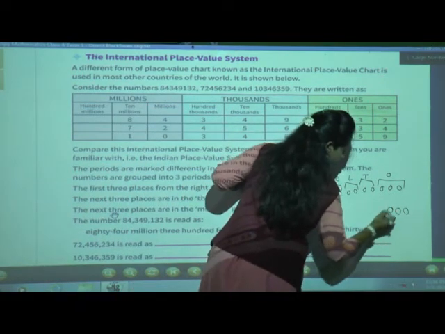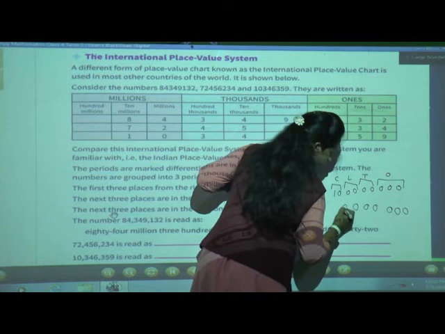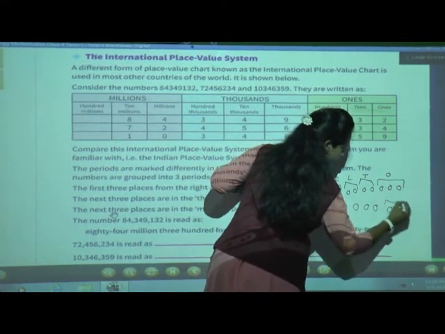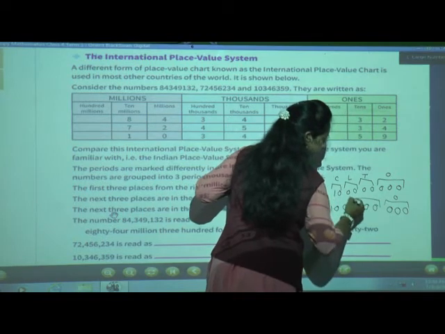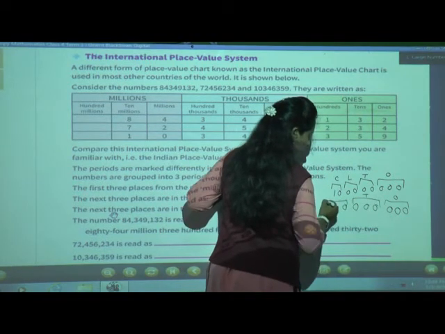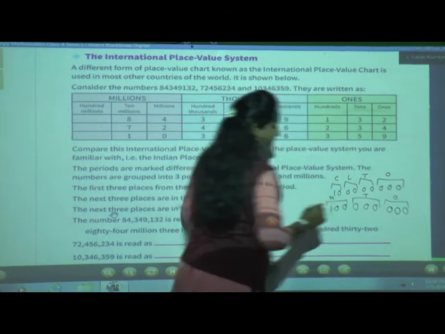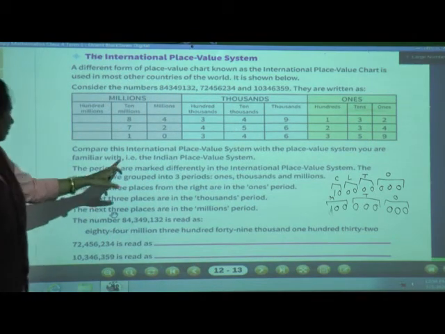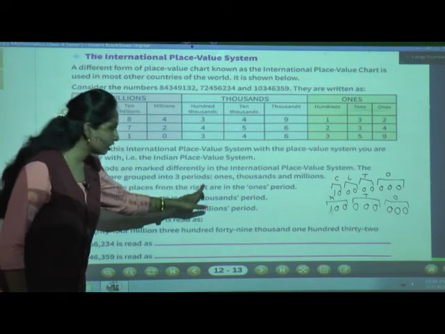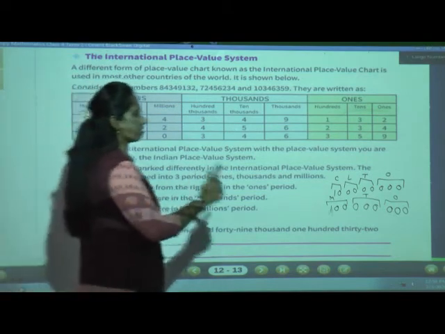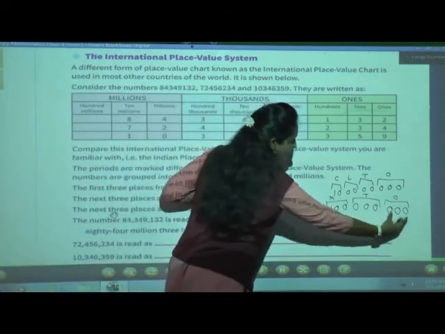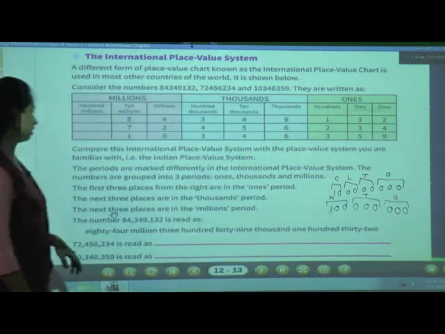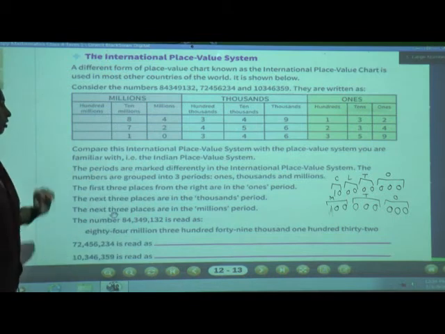So I'll show you here. See, these first 3 digits will come in ones, next 3 digits will come in thousands and next will come in millions. Getting? So the numbers are grouped into 3 periods, that is ones, thousands and millions. See, you can see, they are grouped into 3 periods.